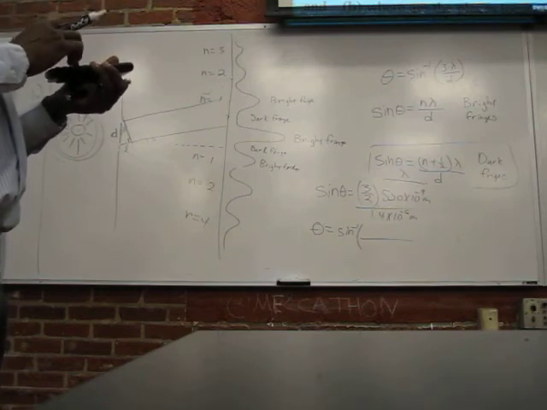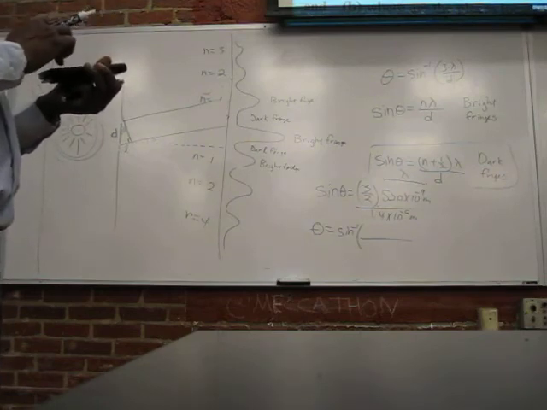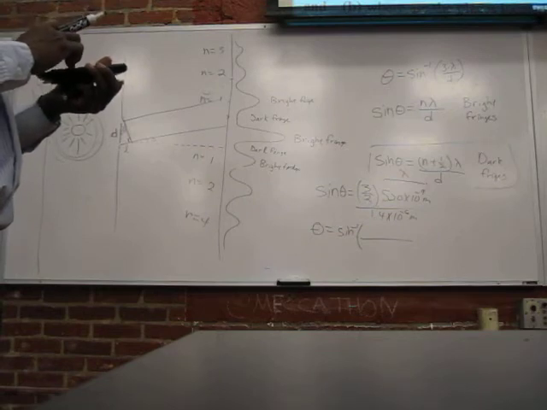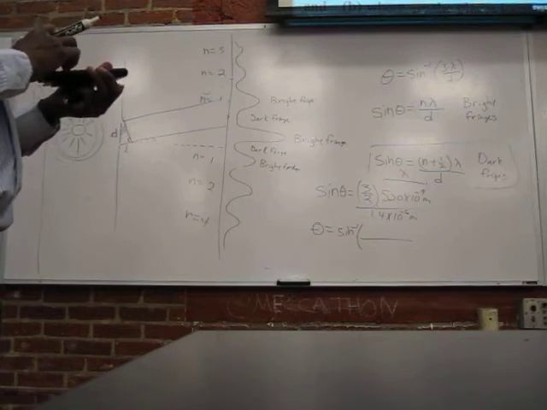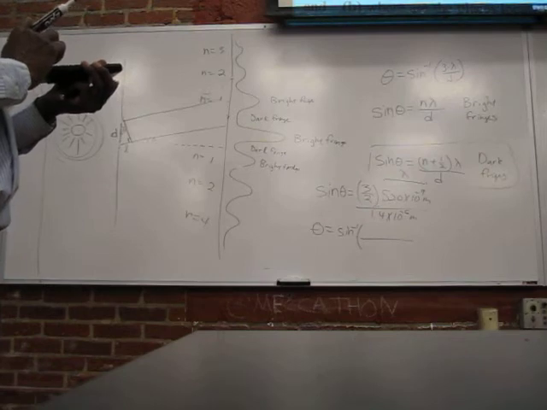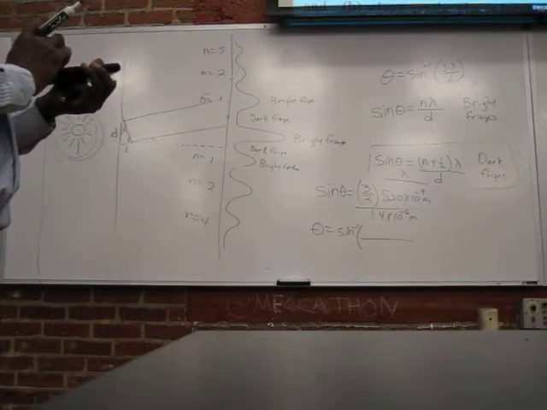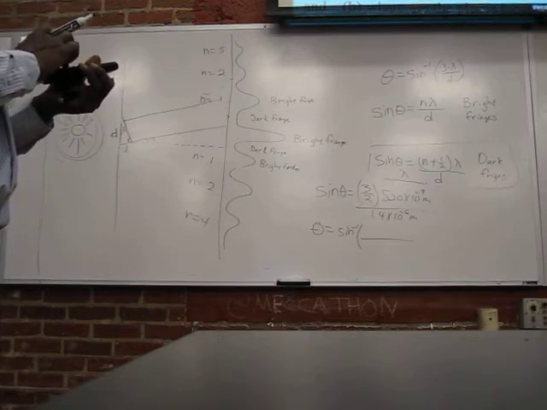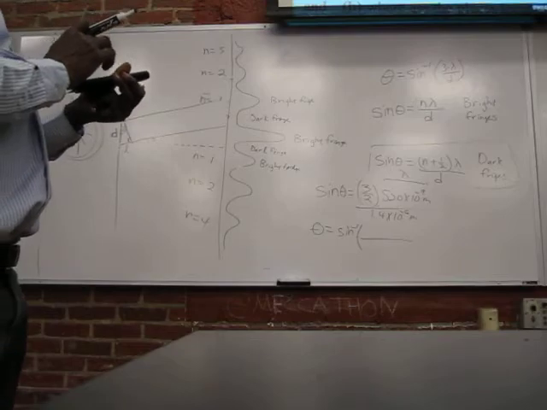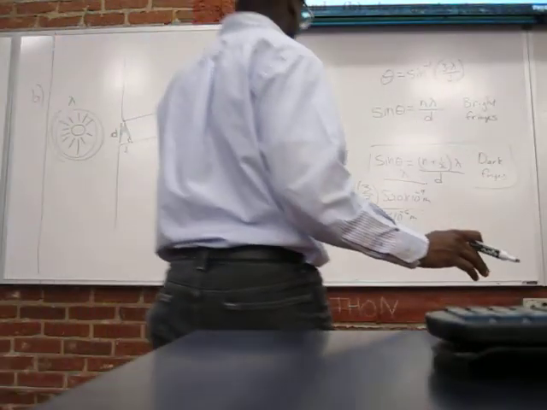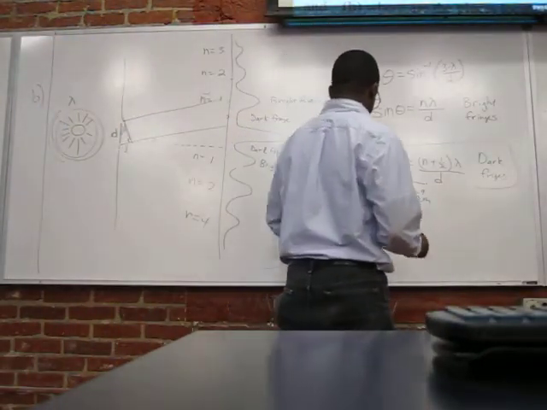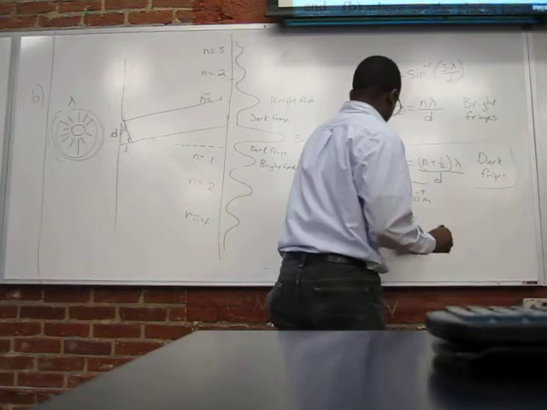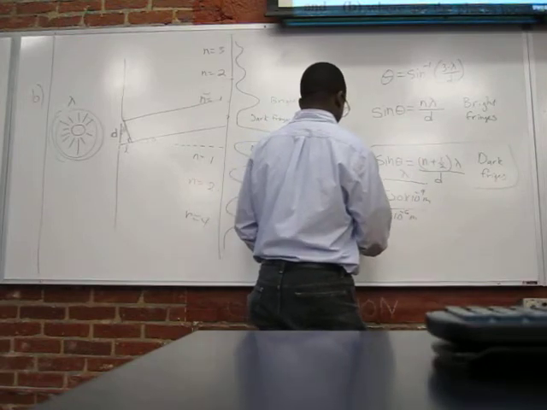So that's 1.5 times that divided by 1.4 times 10 to the negative 6. All right, and get the inverse sine of that. And I get 33.8 degrees.